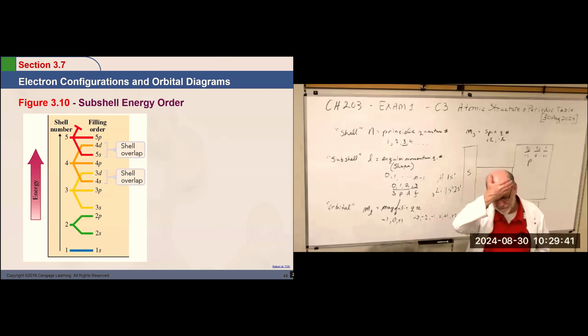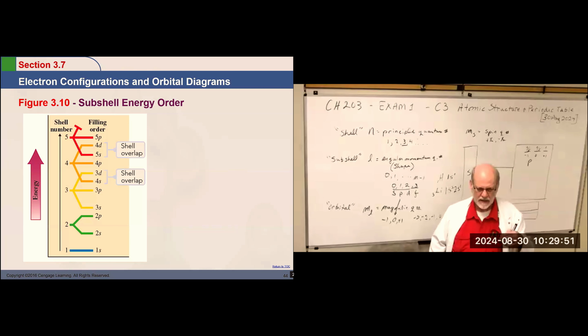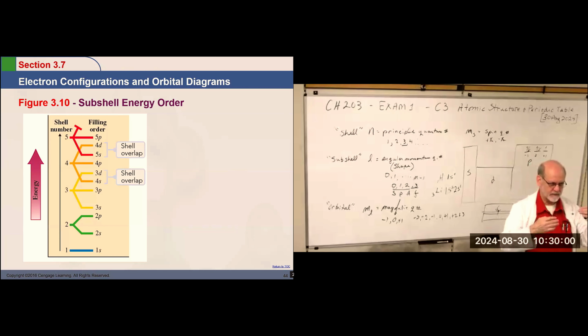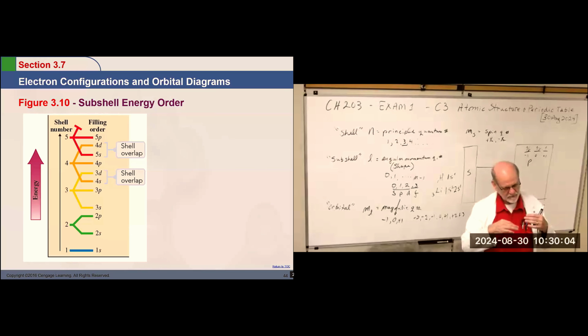All right. So if we have to follow the Aufbau principle and fill these orbitals in increasing energy, as we get more and more protons and electrons in the atom, they tend to shift the energy levels such that sometimes a 4p might be lower energy.